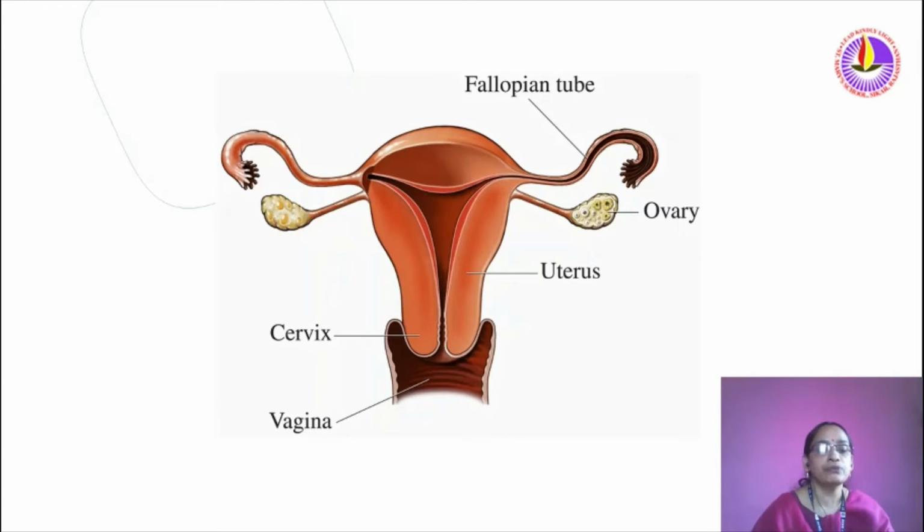At the tip of each fallopian tube there are finger-like structures. These finger-like structures are called fimbriae. Two ovaries are present. The ovaries are connected with the uterus through the tube, which is called the fallopian tube.